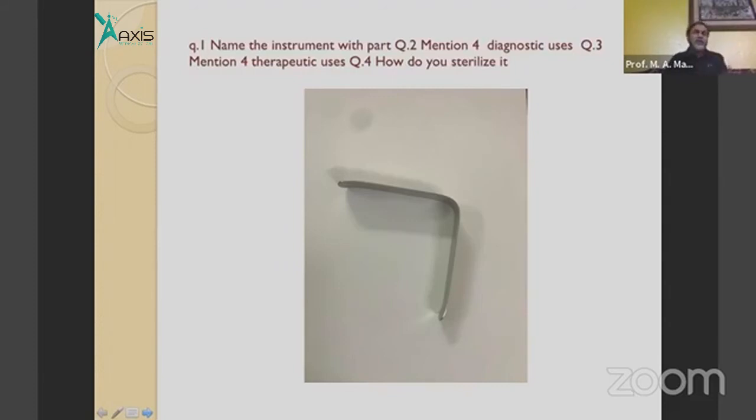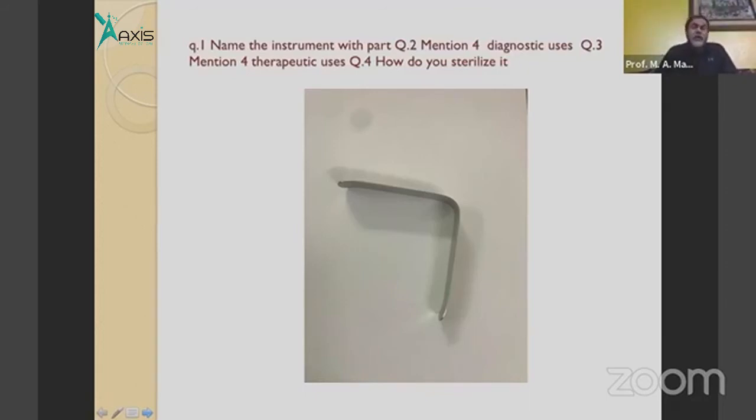So these are all the diagnostic uses of this instrument, as well as this very important diagnostic use is nasal patency test. Hold this one in the nose and ask the patient to breathe in and out and to see the fog. So nasal patency test. These are the diagnostic uses.